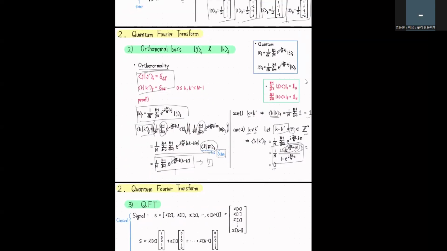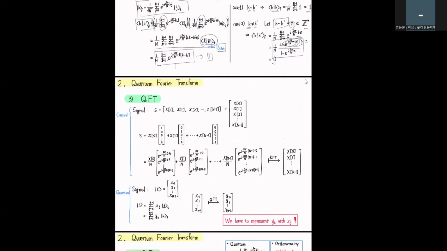But this and this is equal to 1, which means that this term becomes 0. So this is also 0. So we get that in the case where it's not equal, the inner product is 0. So it indeed satisfies orthonormality.